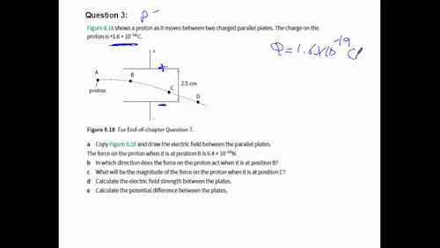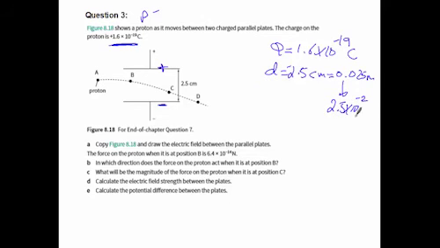Now here we have D, 2.5 centimeters, and as usual divided by 100, it will give us 0.025 meters, or 2.5 times 10 to the minus 2, the same.